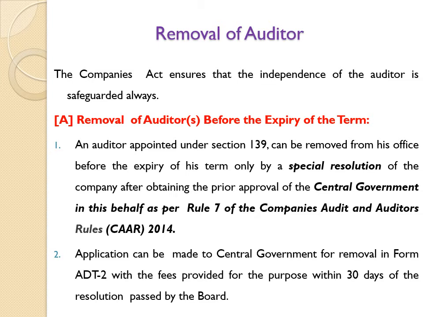The board is the executive body concerned with decision making. So, it is the duty of the board of directors, after passing the special resolution, to inform the government within 30 days from the date of the resolution passed by the company.